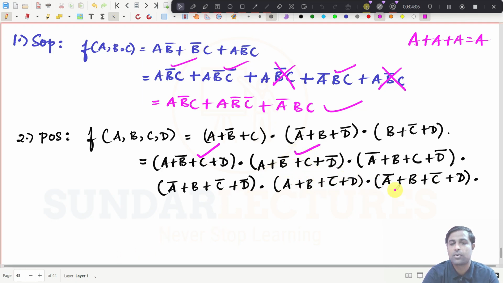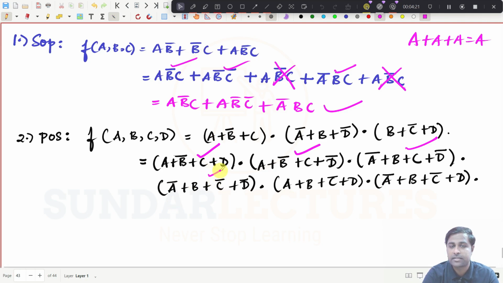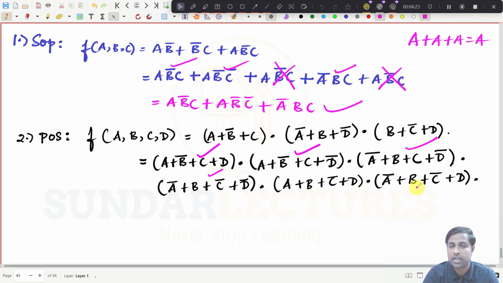So this is also an existing term. Here it is A bar plus B plus C bar plus D, A bar plus B plus C plus D bar. Is anything the same here? No, right? So this is an existing term, and this is an existing term, because only here you see A bar plus B plus C bar plus D bar is here, right? So D bar, no problem.